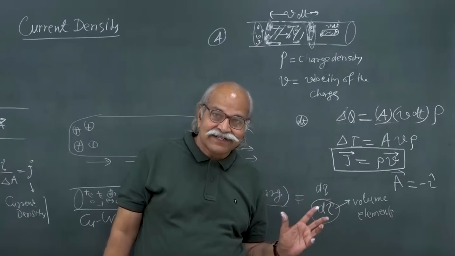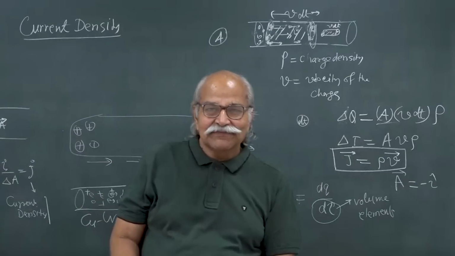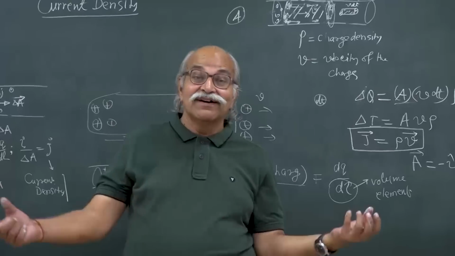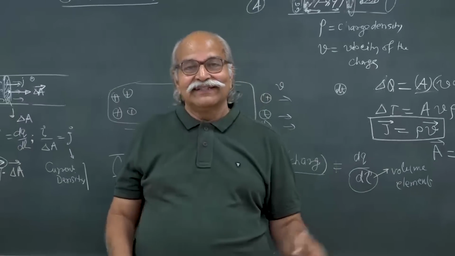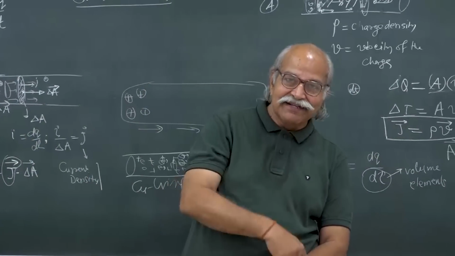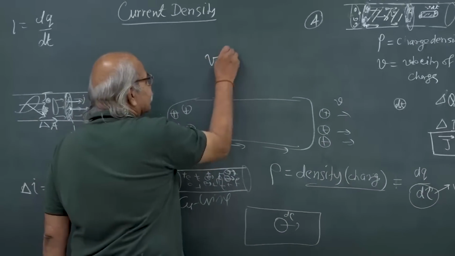This current is the current that we are talking about, and generally that will be the case. I have a wire, I have a material, and the charges are flowing, and then I take a cross section and divide. So this is also known as the volume current density.